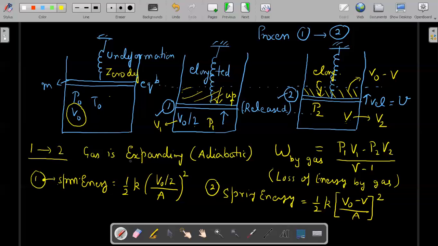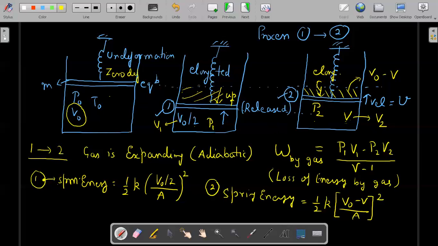Now notice, energy is being released by the gas as well as energy is being released by the spring. The gas will release energy because there is work done by this gas on the piston, and the spring energy is being released because the elongation in the spring is reduced.